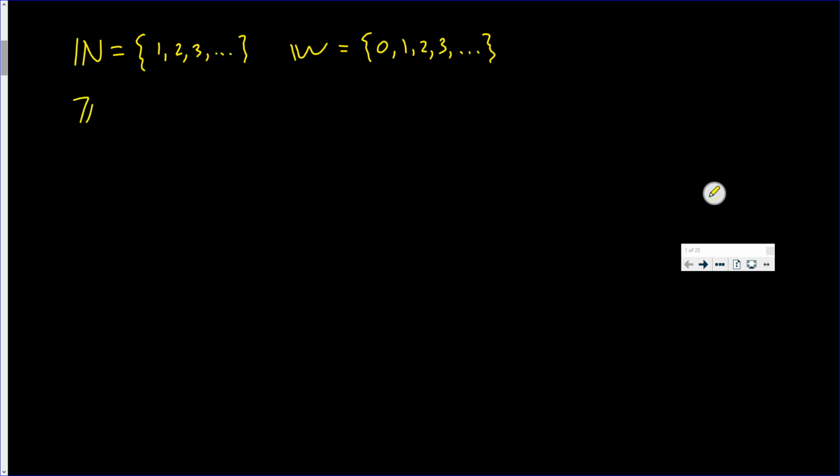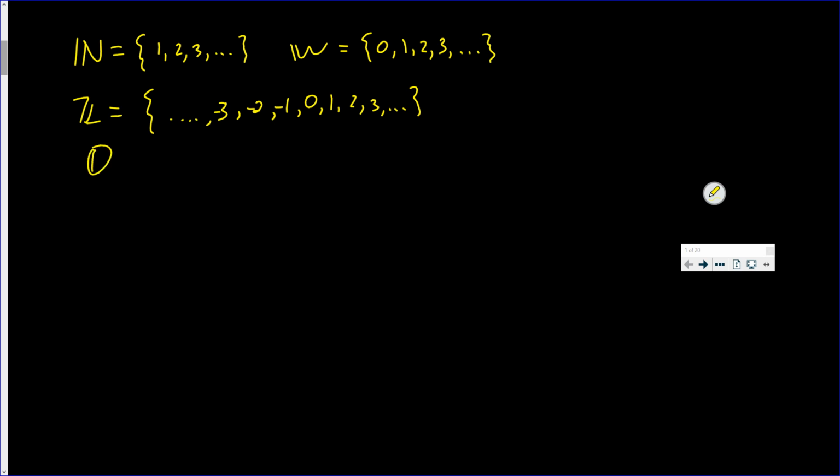The integers have 0 and 1 and 2 and 3, all their whole numbers, and the negative counting numbers, -1, -2, -3, and so on to the left.